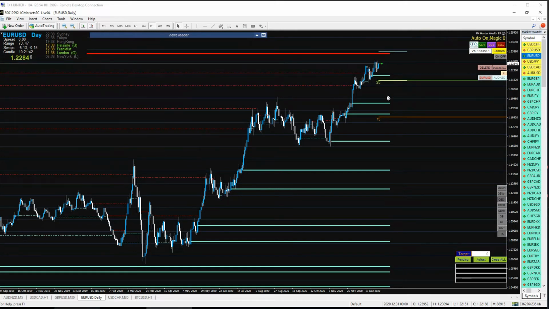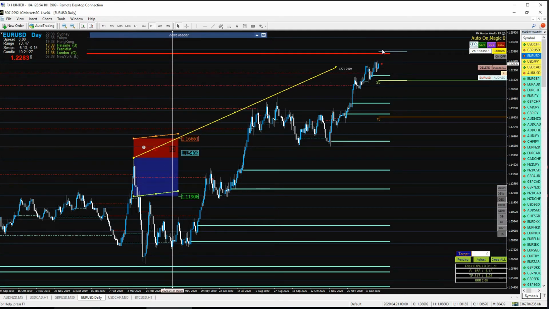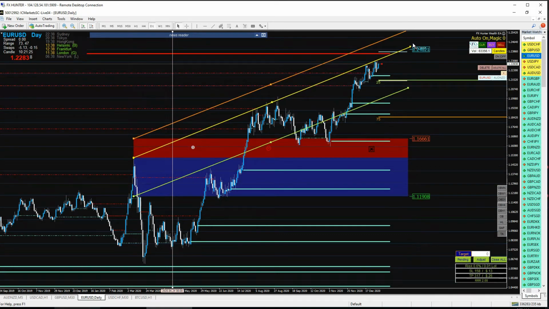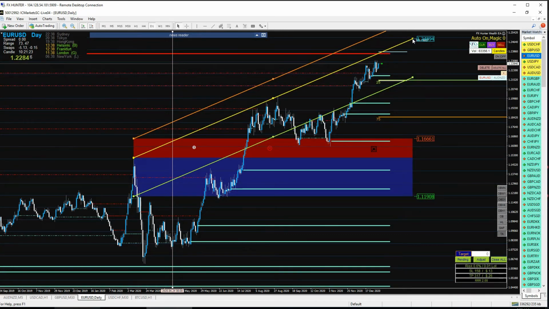So I will show you right now how you can trade it. So basically I will come into this top and I will push the S on my keyboard, and I will simply drag it like this, right?